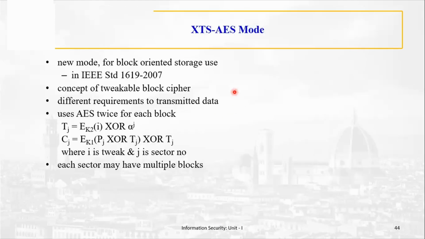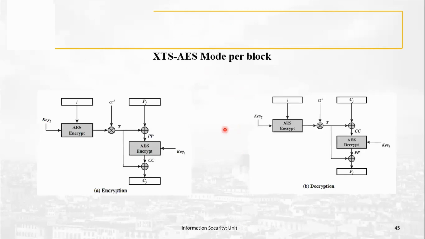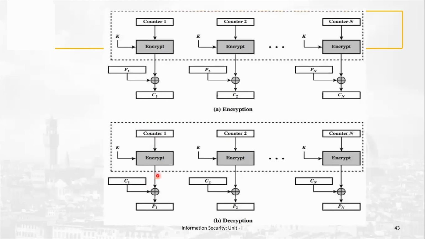Then there are multiple other methods, like XTS AES mode. We actually have seen this AES mode where you are not just encrypting the counter, but you are encrypting the plain text as well. If you remember, in the previous methods we were just encrypting the initialization vector, nonces or counters, but not the plain text.